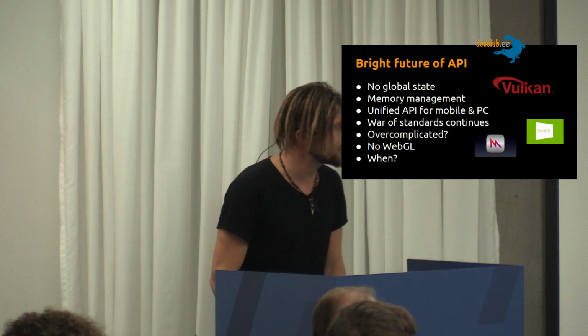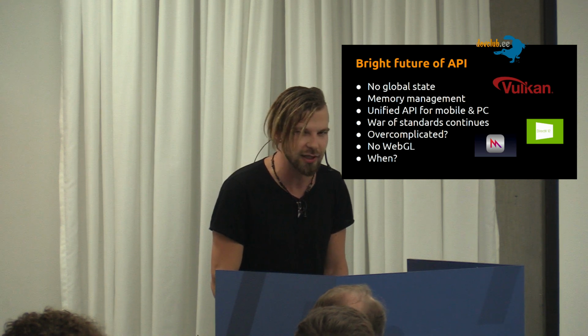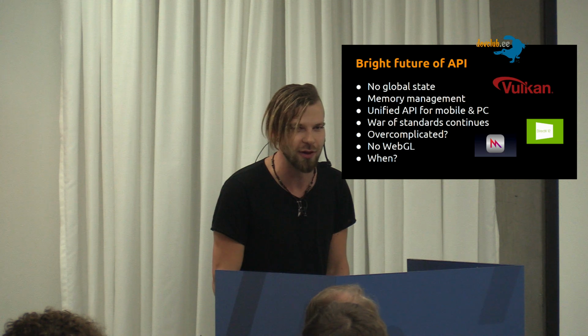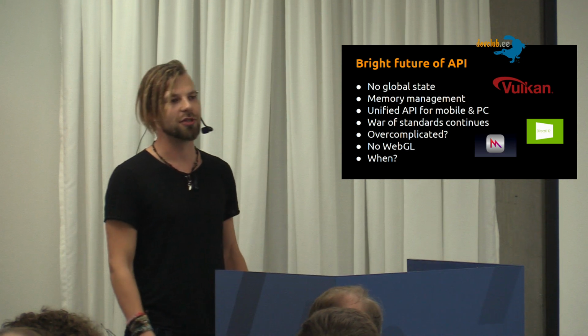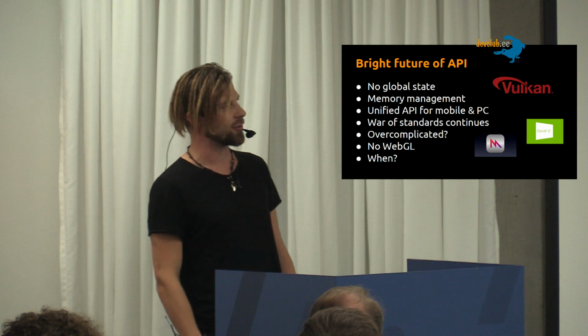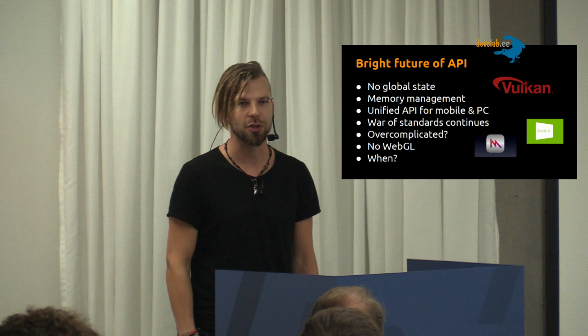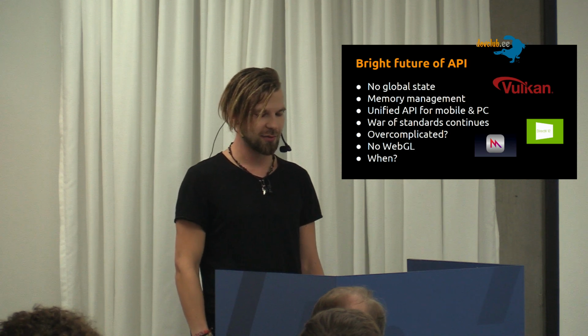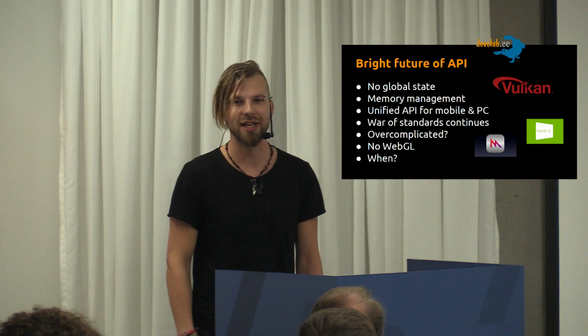So, how can we fix those problems with APIs? Recently, in 2016, maybe you heard about it, a new generation of graphics APIs was announced. Vulkan was meant to replace OpenGL, but we still have the war of the standards.